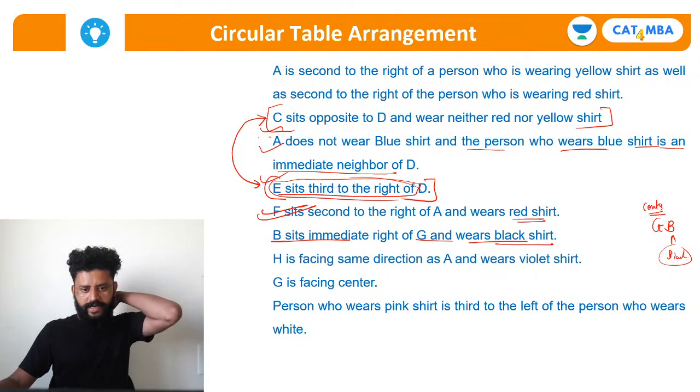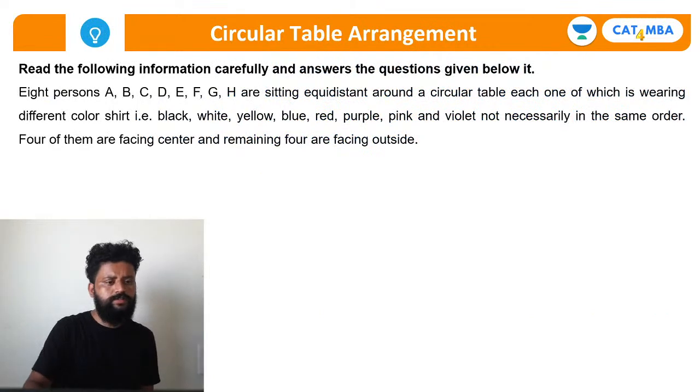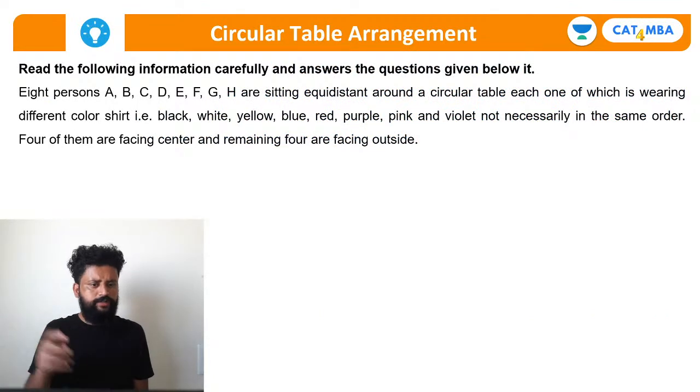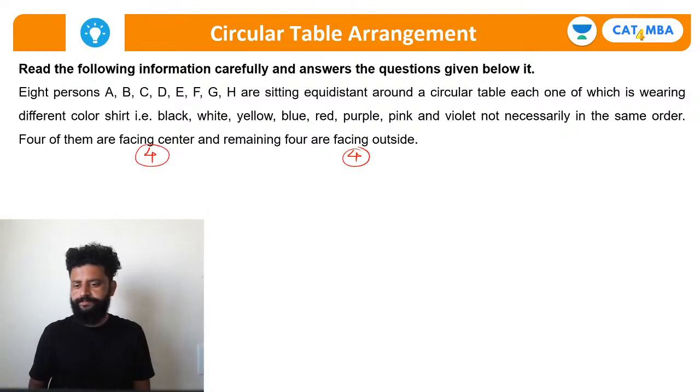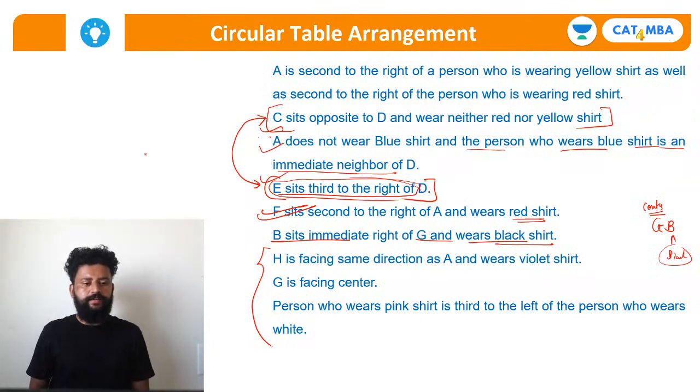B sits immediate right of G and wears a black shirt. Right. So now we are left with the facing part. The number of persons facing center and outside were equal. 4 of them facing center and 4 of them facing outside.